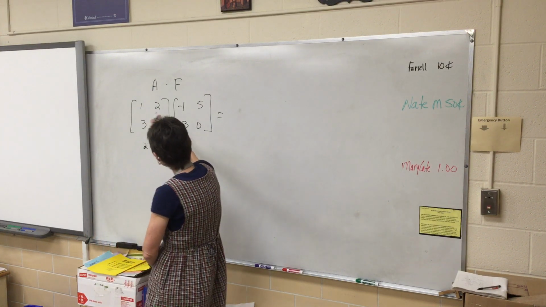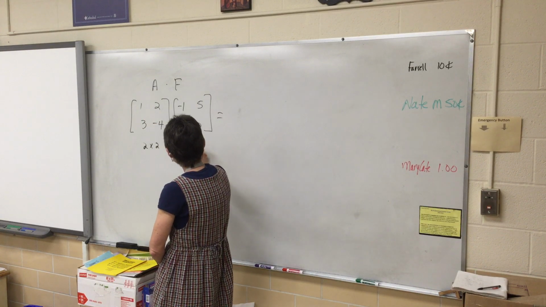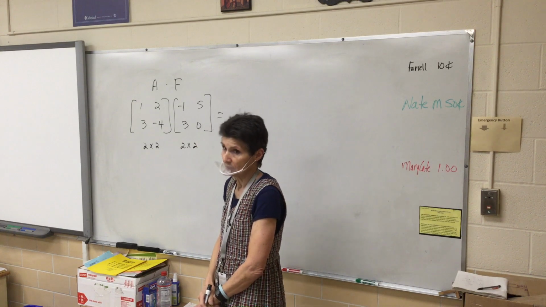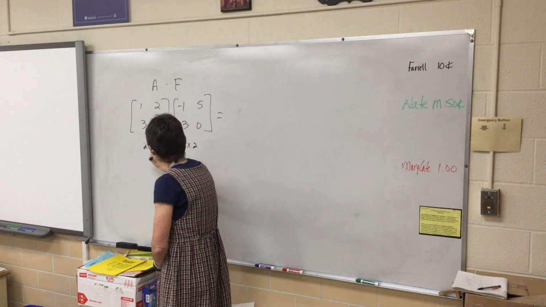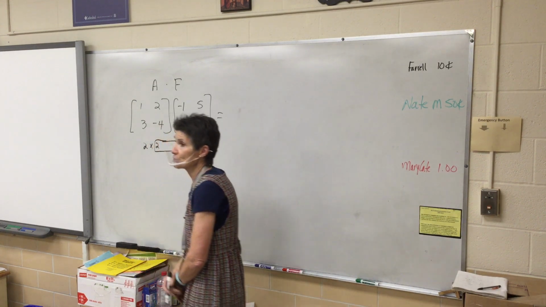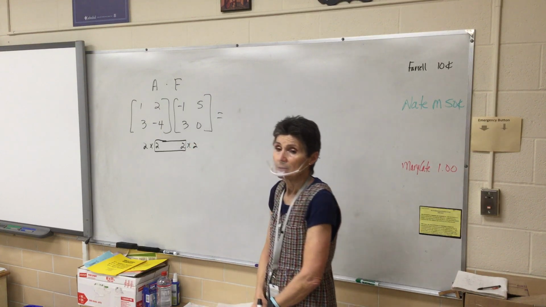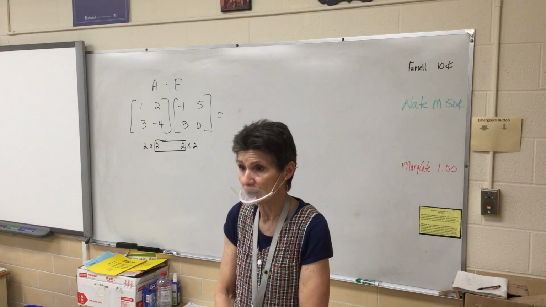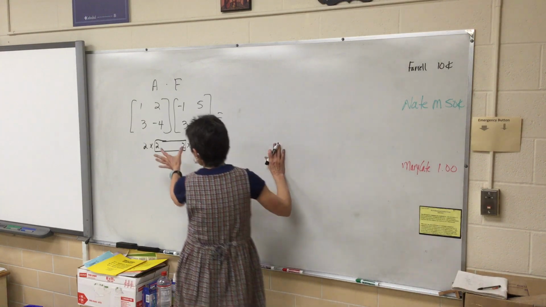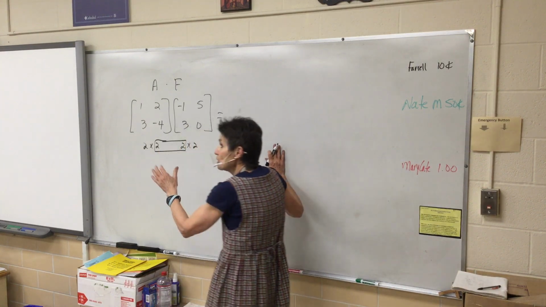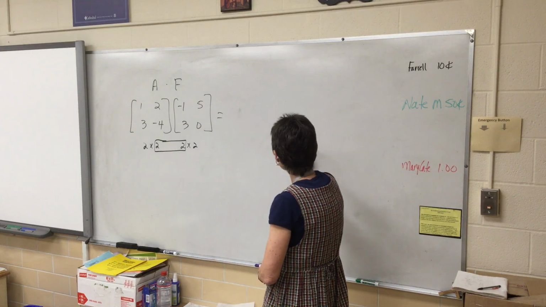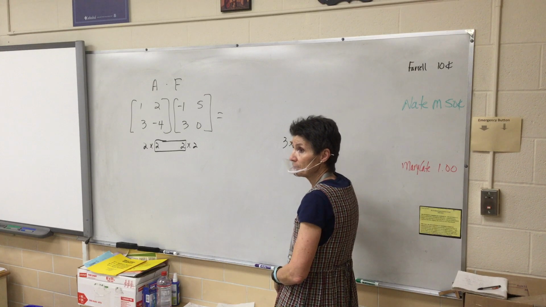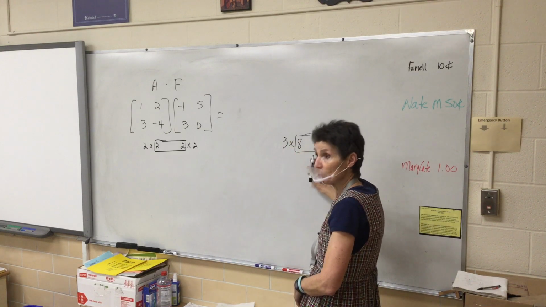So this is a 2 by 2, and this one is a 2 by 2. In order to multiply, these two numbers have to match. They do not have to be the same size. The matrices can be different as long as these two numbers match. So in other words, you could have a 3 by 8 and an 8 by 7, and they would multiply. They wouldn't add, but they would multiply.